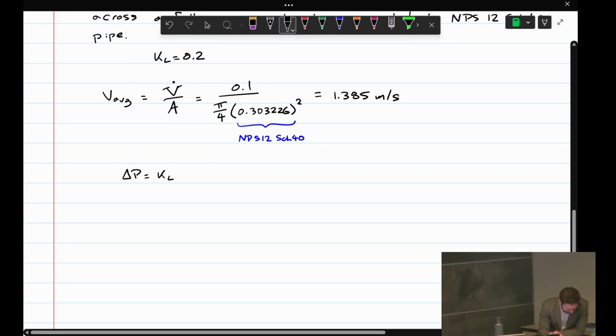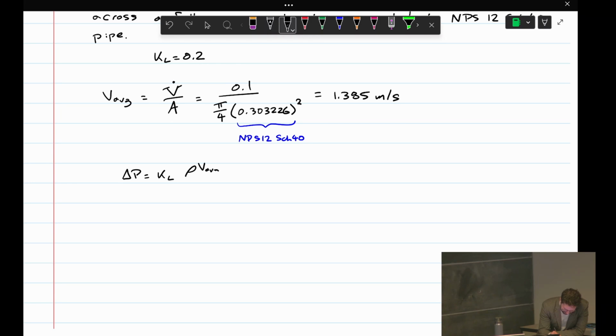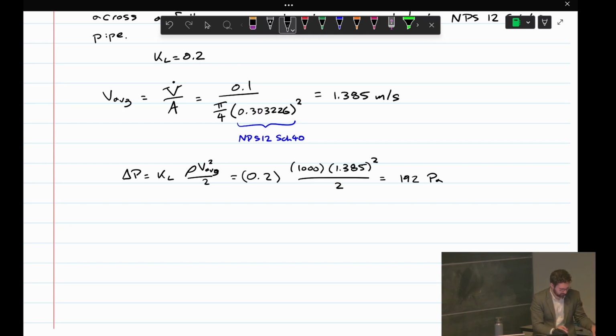Delta P equals KL rho V average squared. So that's 192 pascals. So that's just the minor loss from one valve.